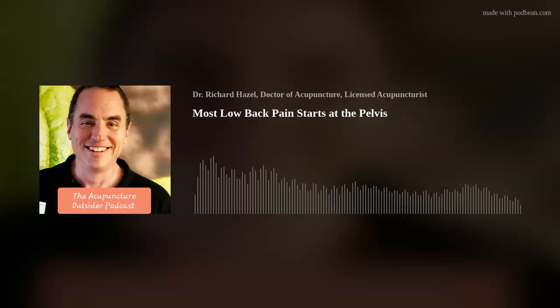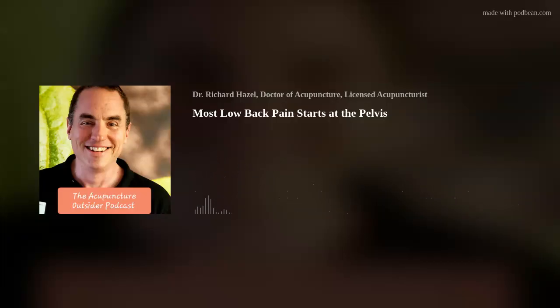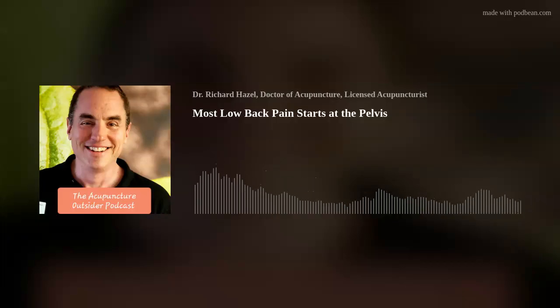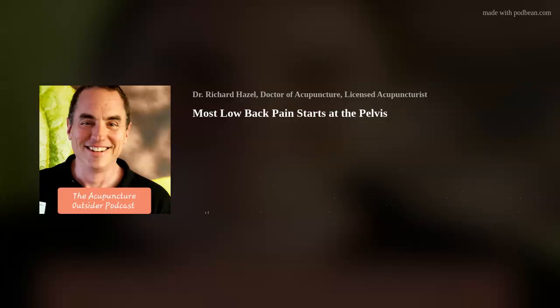Now, you have the erector spinae and to some degree the QL, but the erector spinae in particular have an aponeurosis that covers the sacrum. They come down and cover the sacrum. So that aponeurosis is helping to stabilize the SI joint.